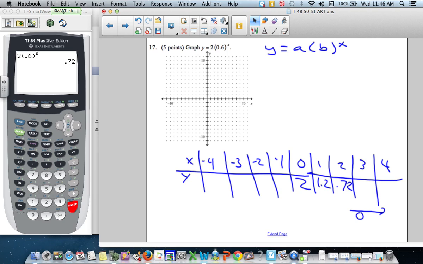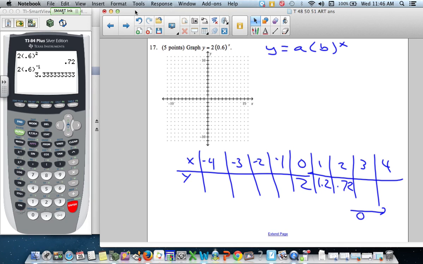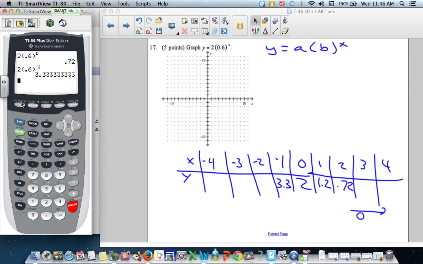Now if I go the other way, 2 times 0.6 to the power of -1, these numbers are going to get bigger. I'm just going to put decimals in here, like 3.3. And I'm actually going to make a jump here just to speed things up.